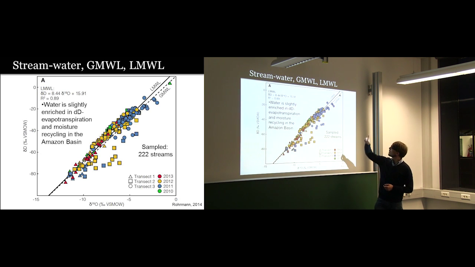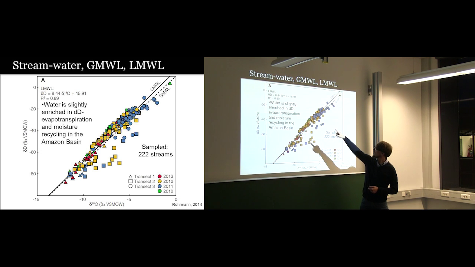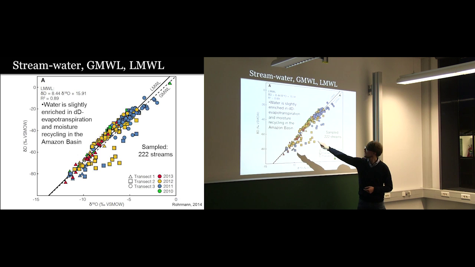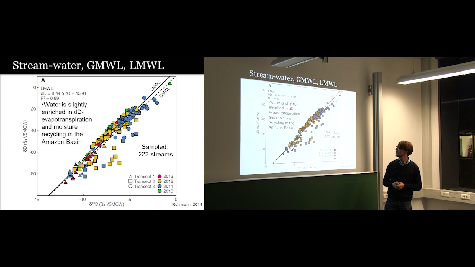Again, you have your global meteoric water line here as the dashed line, and you see how the data seems to follow this depletion along the line, showing that you have some Rayleigh fractionation.